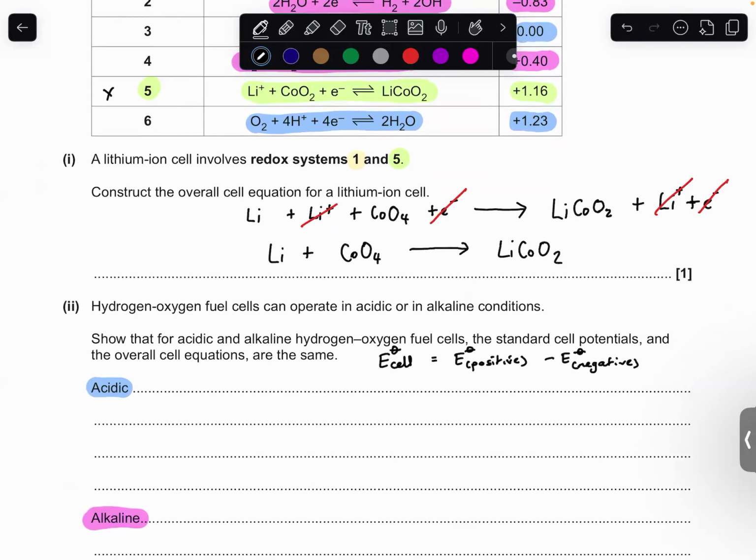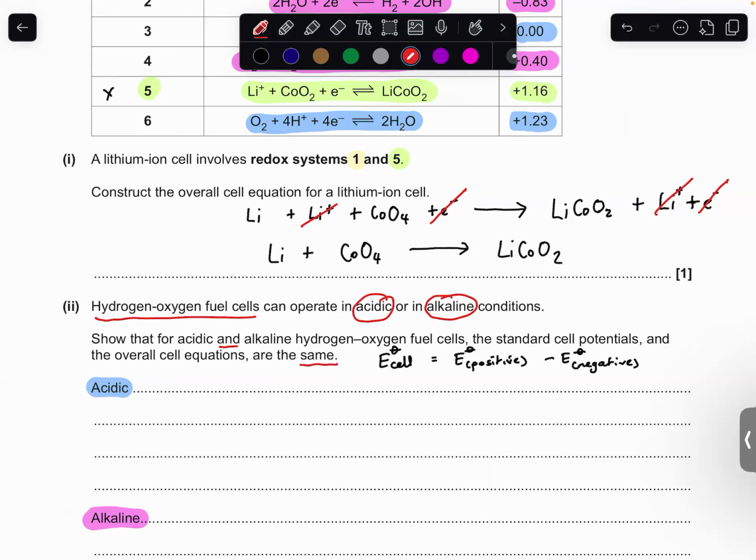Next question. Hydrogen oxygen fuel cells can operate in either acidic or alkaline conditions. Now show that for acidic and alkaline hydrogen oxygen fuel cells, the standard cell potential and the overall cell reactions are the same.